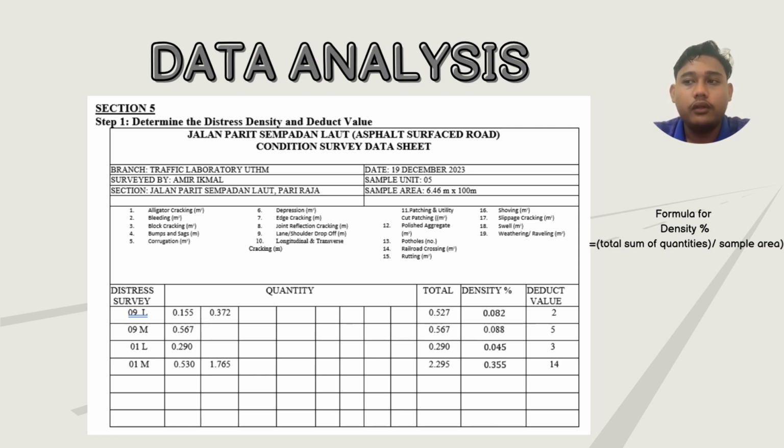The formula for density is total sum of quantity over sample area, and deduct value we get from the graph of percentage density versus deduct value.